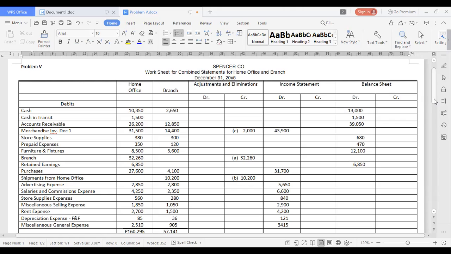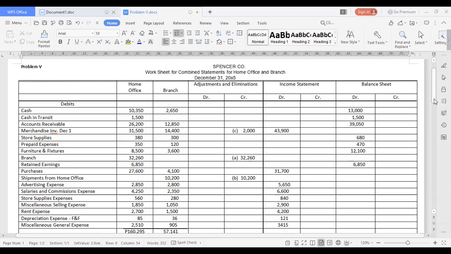The original balance of your miscellaneous general expense in the books of the home office was 2,600. Our journal entry where we debited prepaid expense and credited miscellaneous general expense.